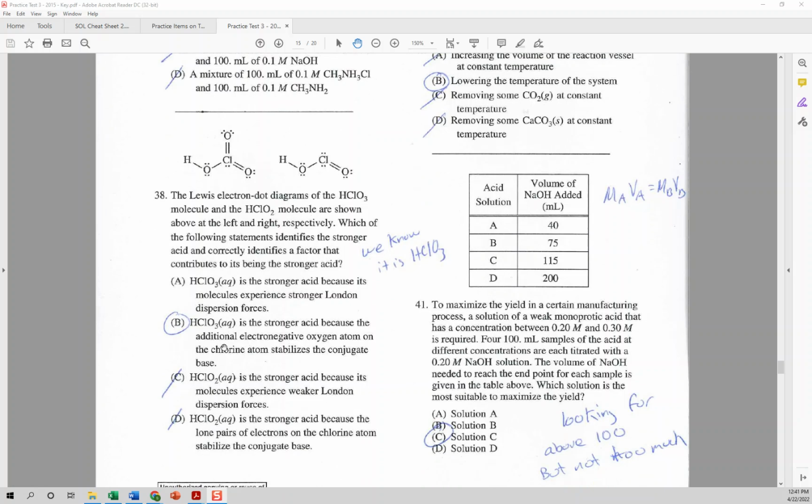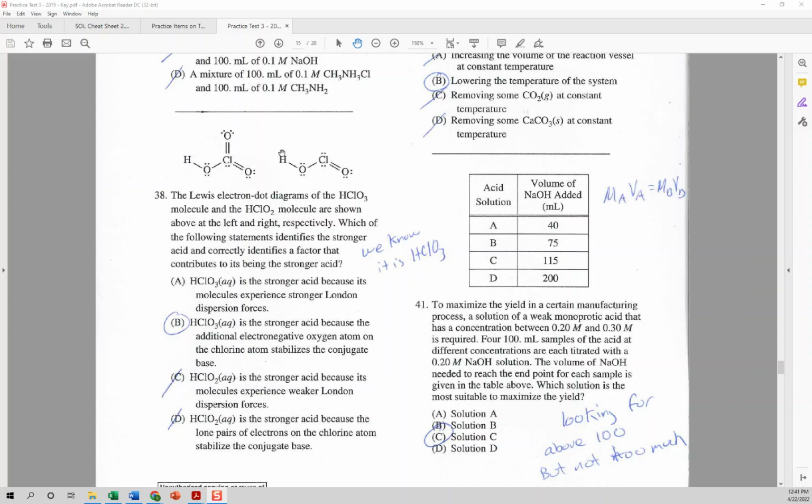Now the real reason is the extra oxygen. You have more oxygens pulling the electronegativity pull on this bond here, and so it's easier to remove that hydrogen because you have 3 oxygens on this side of the molecule pulling on that bond, versus here you only have 2 oxygens on this side of the molecule pulling on the bond.